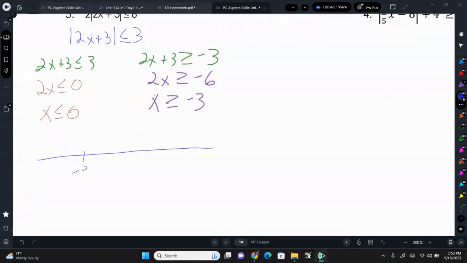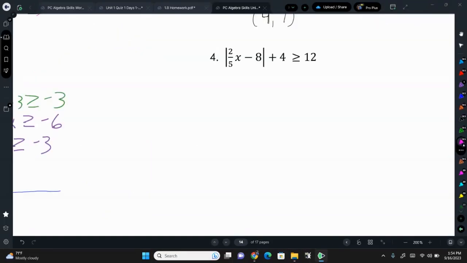We have negative 3, and we have 0. So we have x is greater than or equal to negative 3, so a bracket at negative 3, and we want everything bigger than that. But then we have x is less than or equal to 0, so bracket at 0 and everything less than that. So we have negative 3 comma 0 as our answer.